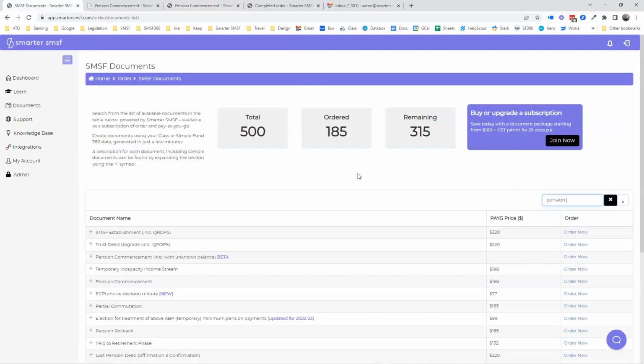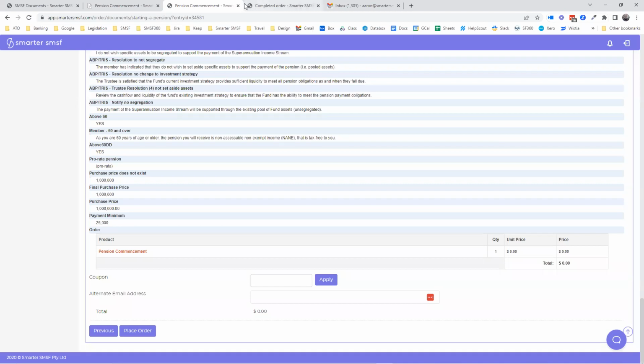So you can see that counter that sits at the top there. As part of this process under the subscriptions, you also have some additional features that you can share around the office, from a staff member to a manager and so forth, if you want all that information reviewed prior to the lodgement, or even afterwards, that manager will be able to go in and access that. And again, I'll touch on that in just a minute.